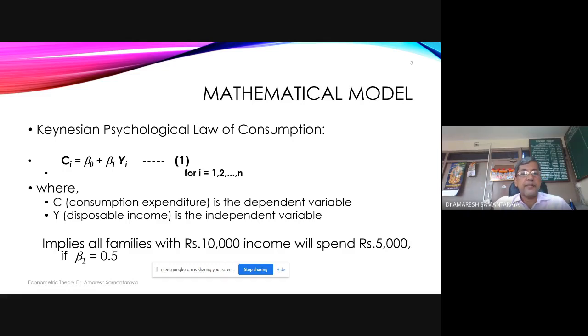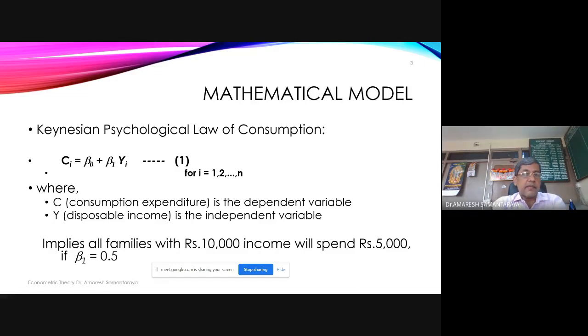And the predictions it gives appear unrealistic, because the prediction from the mathematical model is that the increase in consumption will be the same for all individuals whose income increases by a particular amount. Like here, income increases by 10,000.